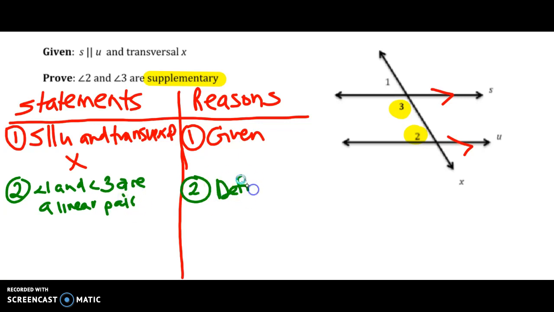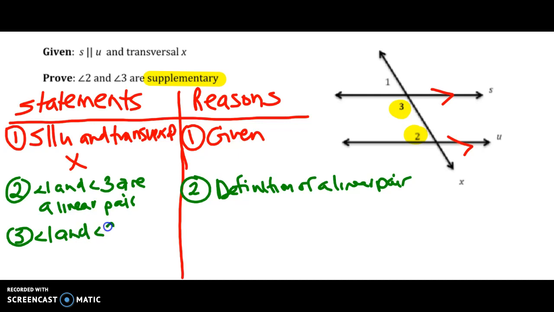Definition of what a linear pair is. I can then say that angle 1 and angle 3 are supplementary. Linear pairs are supplementary.